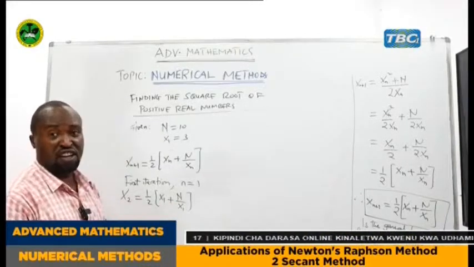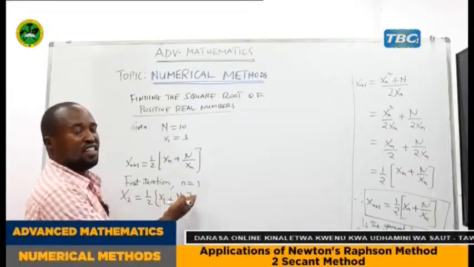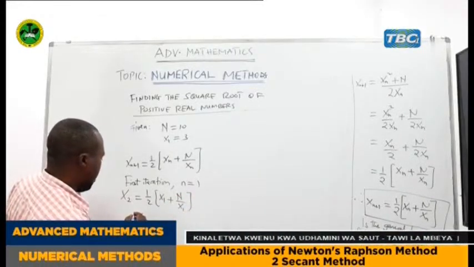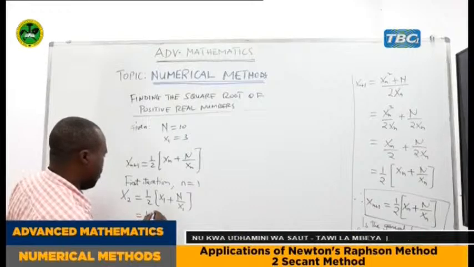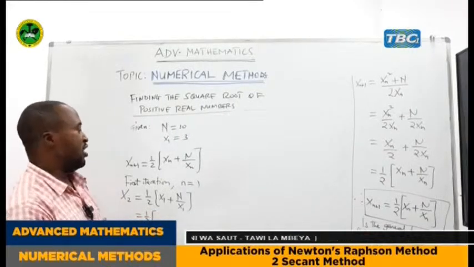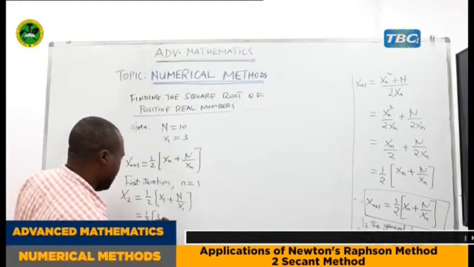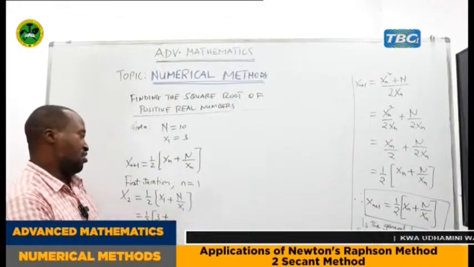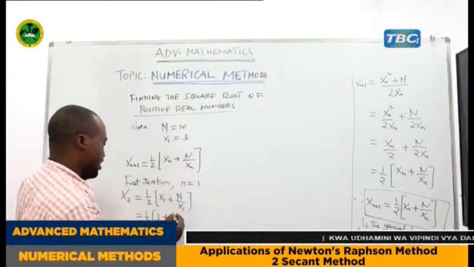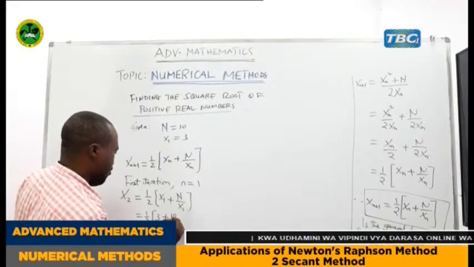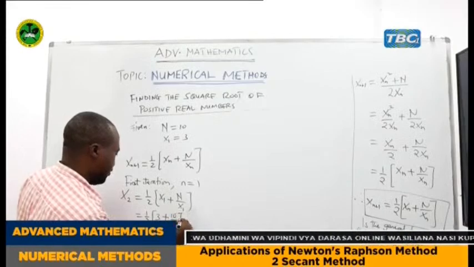So we can substitute values for x1 and n. So here we are going to have a half bracket of the value of x1, that is equal to 3. So here we have 3 plus, then value of n, that is 10, so we have 10 over, again 3.